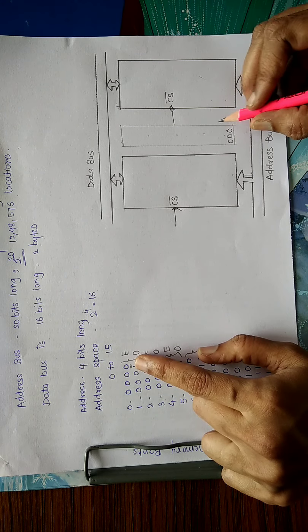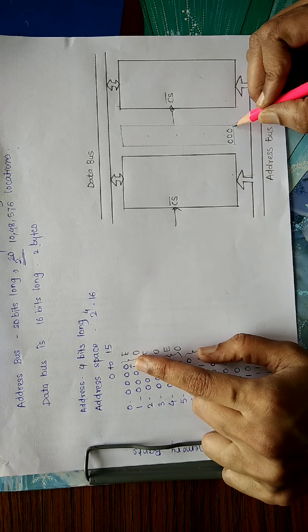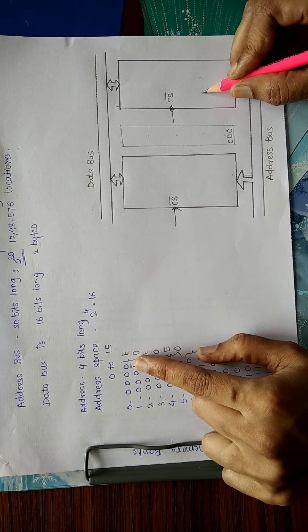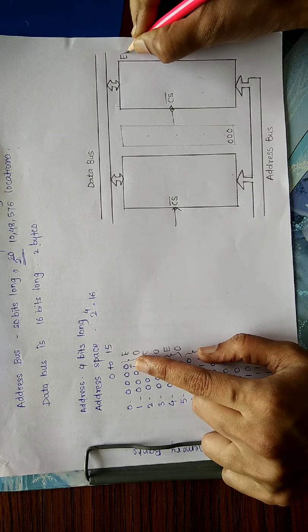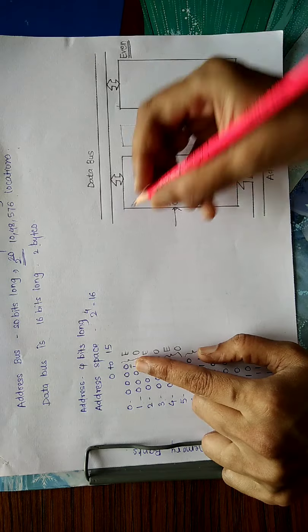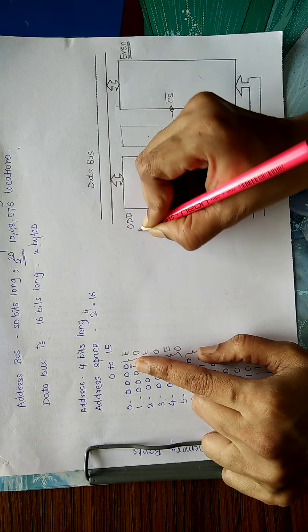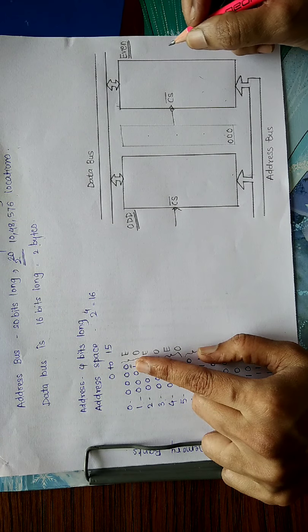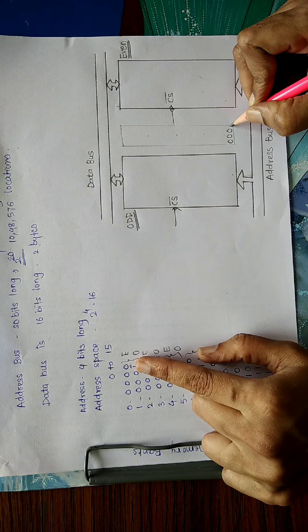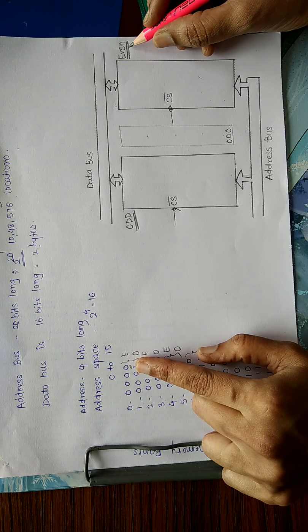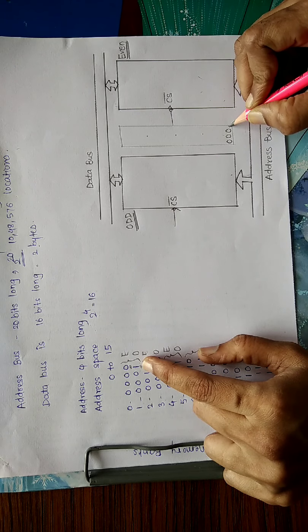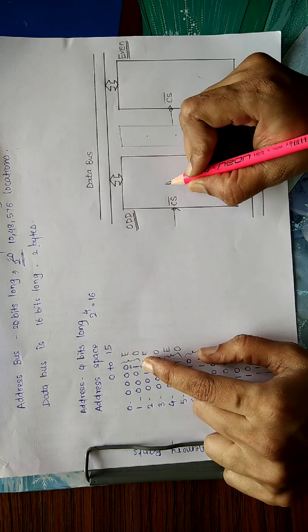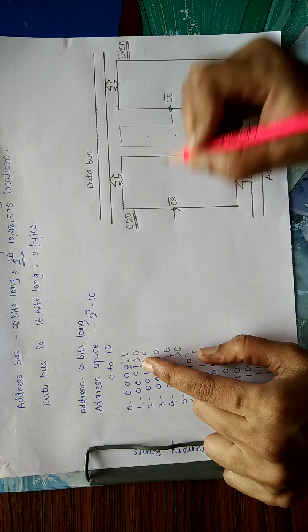Let this be the even bank and let this be the odd bank. When the LSB is 0, the data will be fetched from the even memory bank, whereas when the LSB is 1, data is fetched from the odd bank.